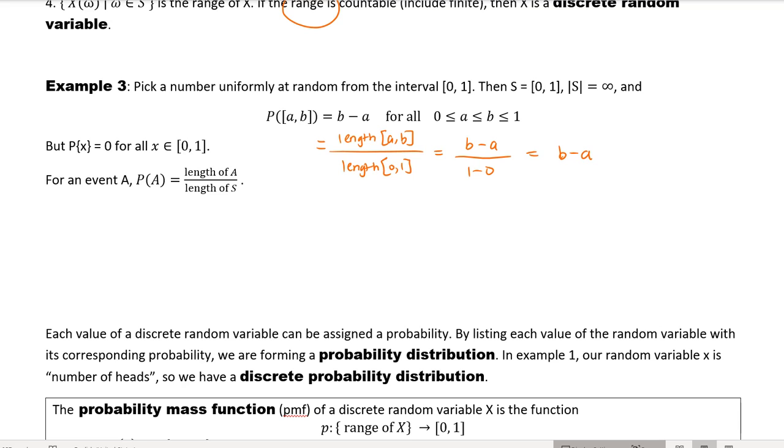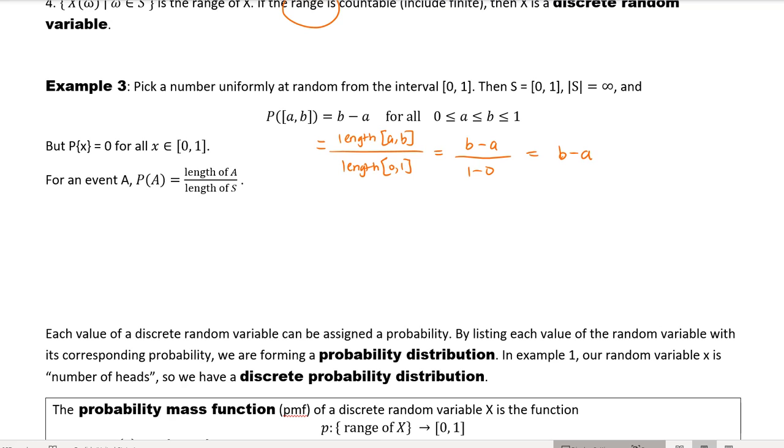And it kind of makes sense, because if the probability of a single point is not 0, and there are infinitely many points in this interval, then when we add infinitely many positive numbers, the answer will exceed 1. Actually, uncountably many points there. So it will be a trouble. So the probability of a single point is 0.